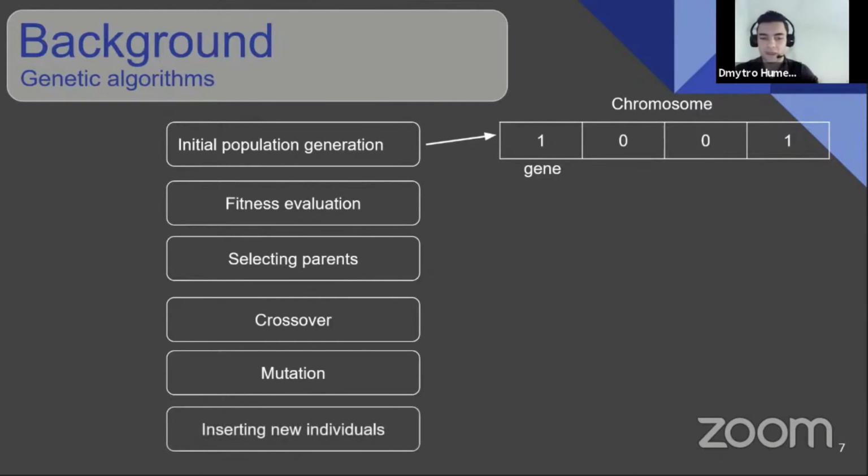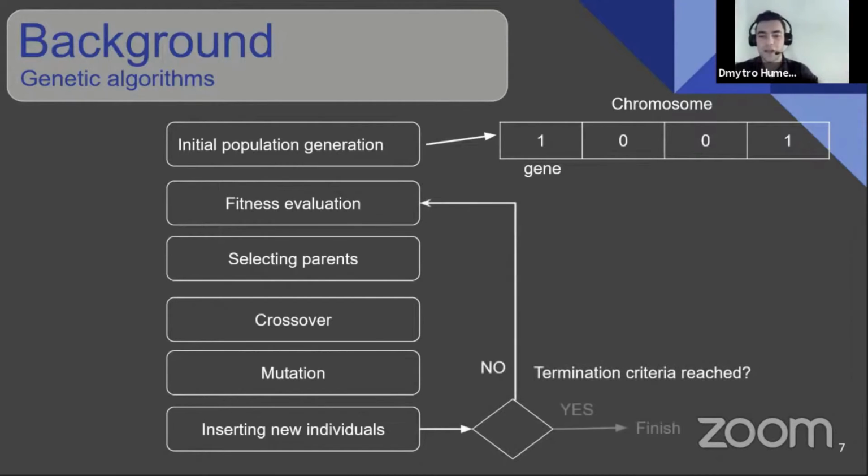As a result, we get new candidate solutions which should be even better than the parents, and we insert them into the population. We stop our search when we find the necessary quality of the individual.